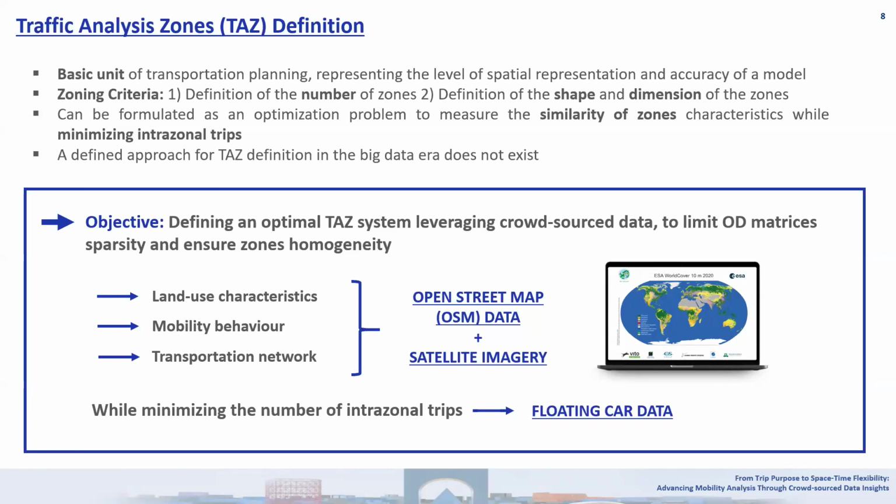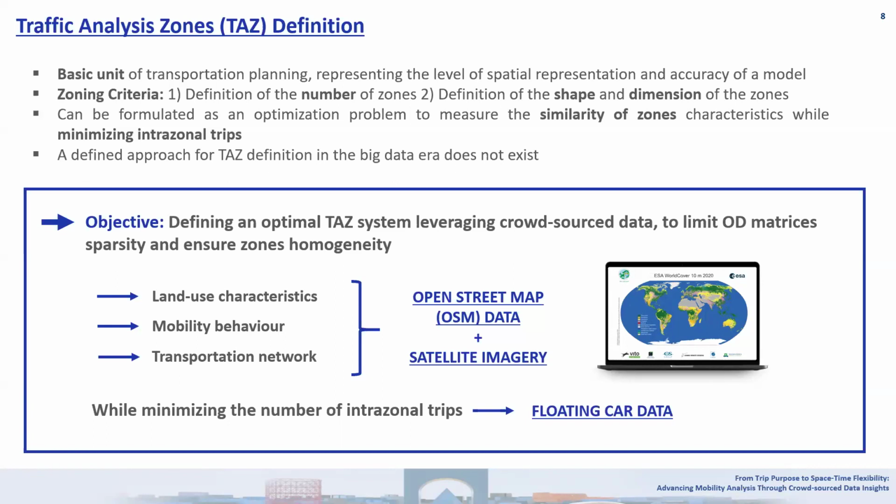So we try to catch two birds with one stone. We needed a way to aggregate very small, fine-grained zones into wider, more coherent traffic analysis zones. And at the same time, we wanted a way to utilize the data that we already have, for example the POI data from OpenStreetMap and also the floating car data.